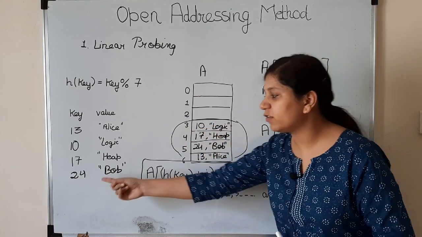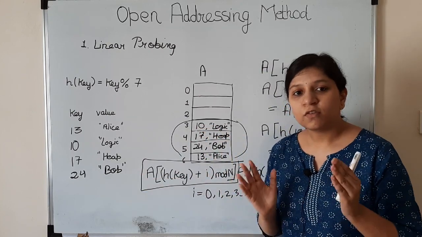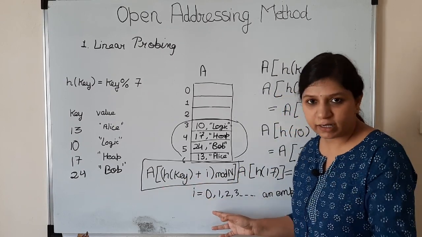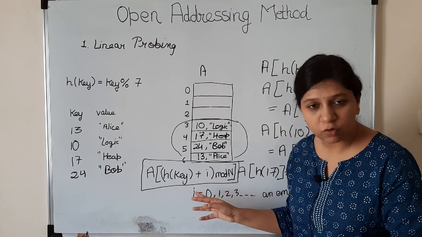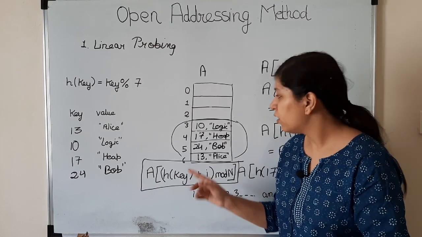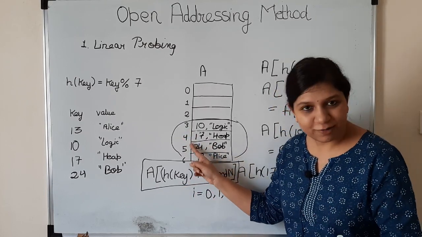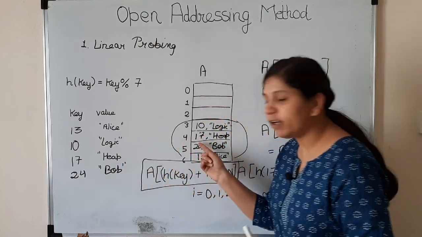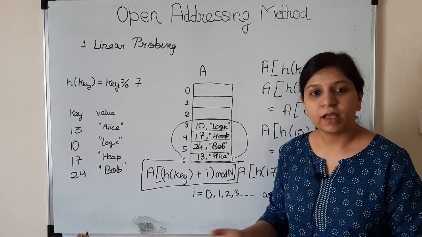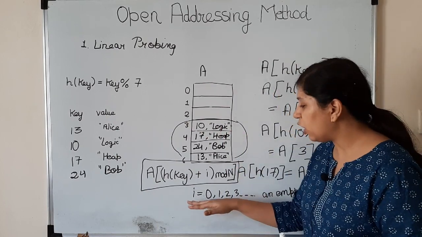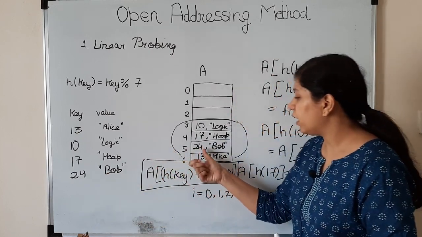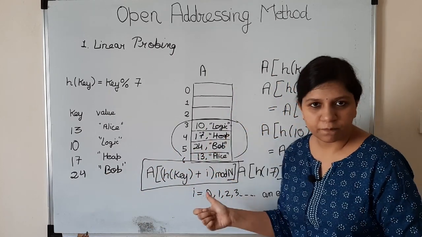It is 10, it is not equal to 24. So using the linear probing formula, we will go to the next index. So i currently was 0, now you make i as 1. So you will go to A4 and there you check if 24 and 17 are equal. No. Again you will increment i. Now i becomes 2. Both the keys are matching. So here you will return the value Bob.